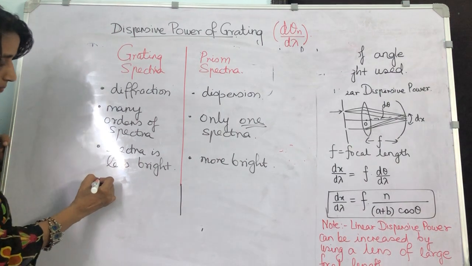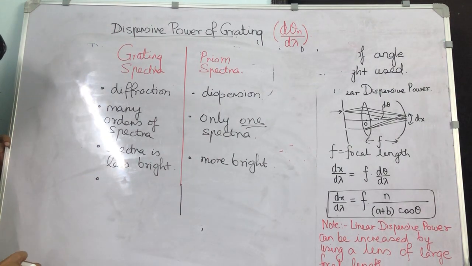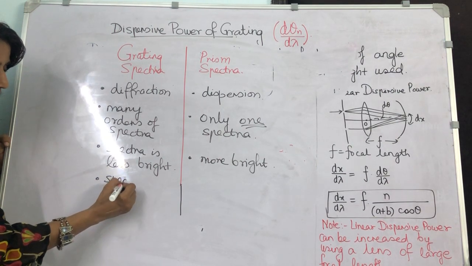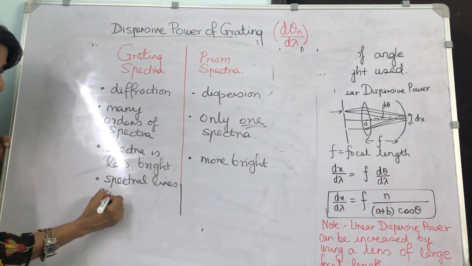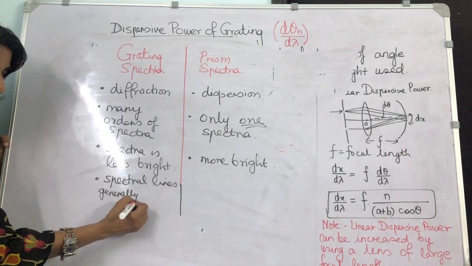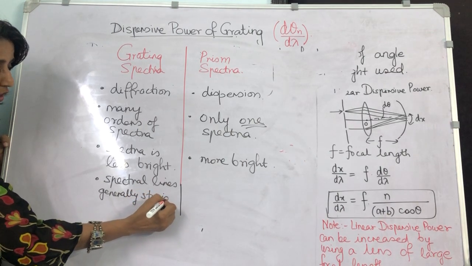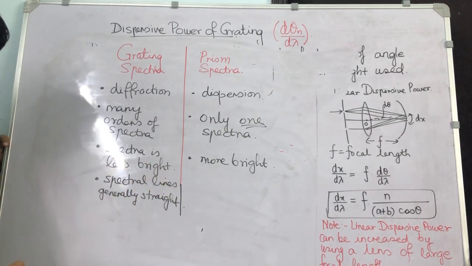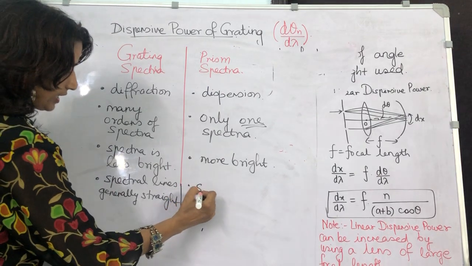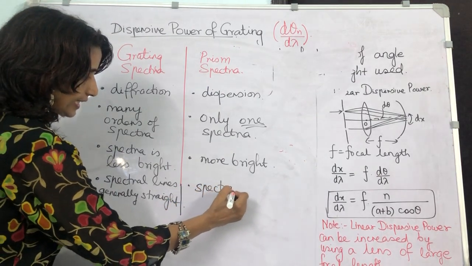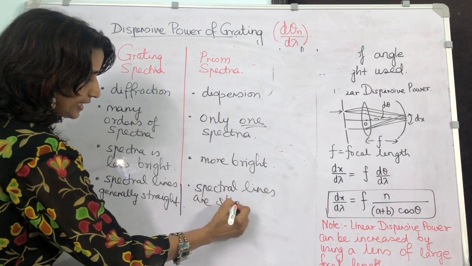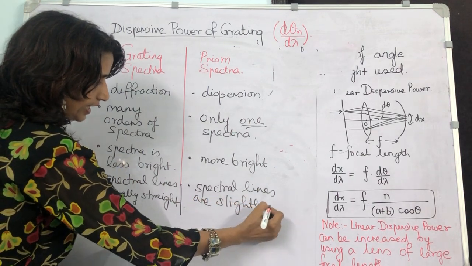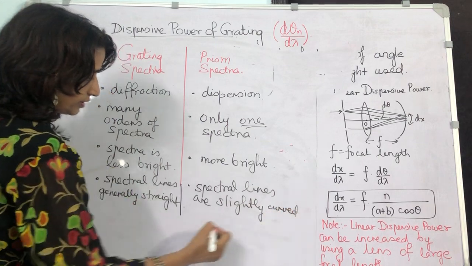The spectral lines are generally straight in case of grating, whereas spectral lines are slightly curved in prism spectra.